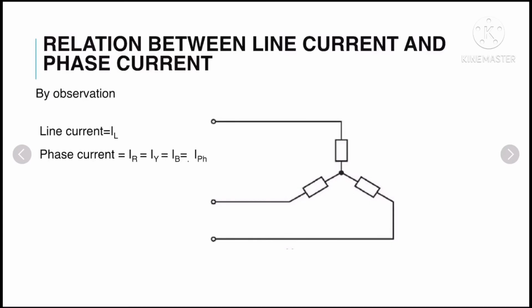Let's consider that here we have the current IL, and this part of the circuit will have the phase currents, that could be IR, IY and IB. So these are going to be your phase currents and these are your line currents.